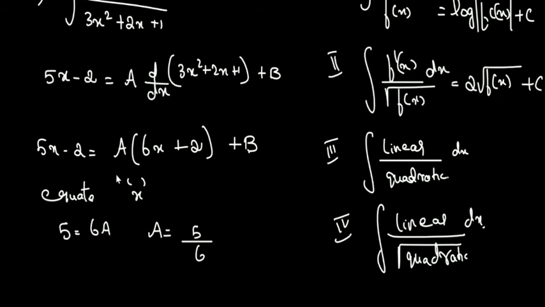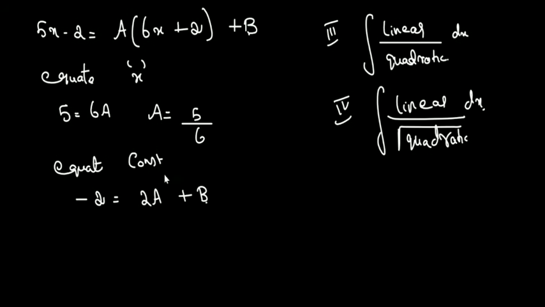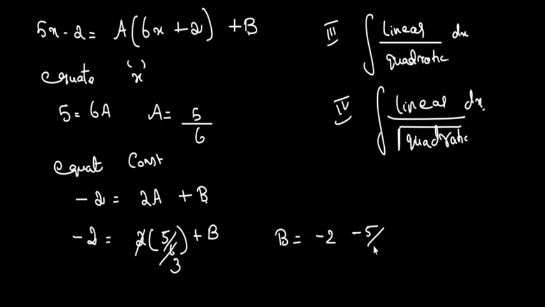Equate the constant term: minus 2 is equal to 2a plus b. Substitute for a: minus 2 is equal to 2 into 5 by 6 plus b. So b is equal to minus 2 minus 5 by 3, that is equal to minus 11 by 3.